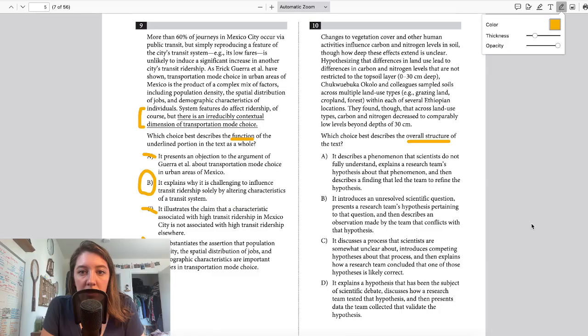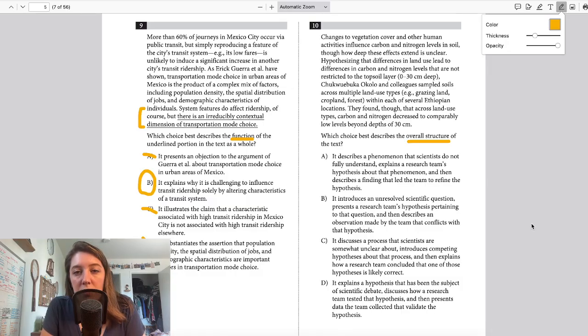Okay. So first of all, it says something like changes to vegetation cover and other things influence these levels in soil, but we're not really sure how much. Okay. So this identifies a problem, or at least an area of uncertainty in the field.